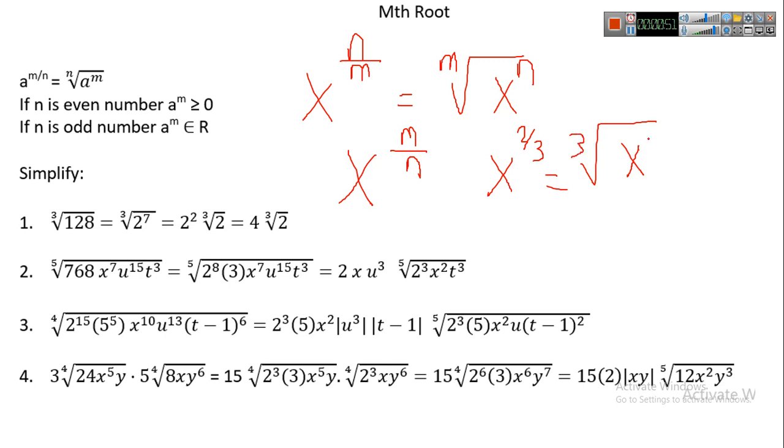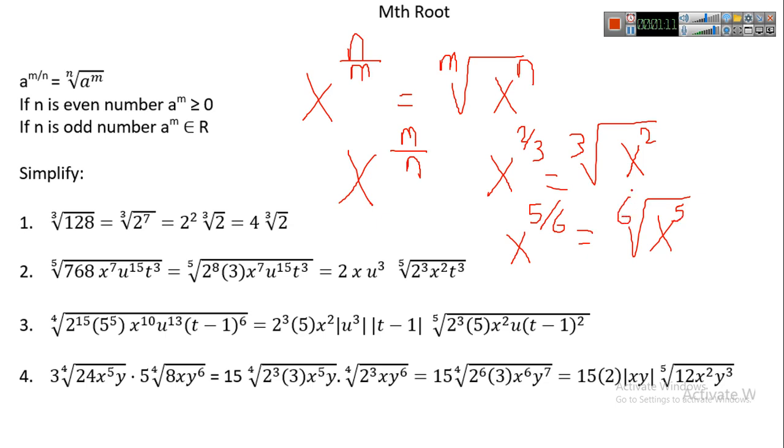Okay, if you have x power 5 over 6, for example, we read it as the sixth root of x power 5.